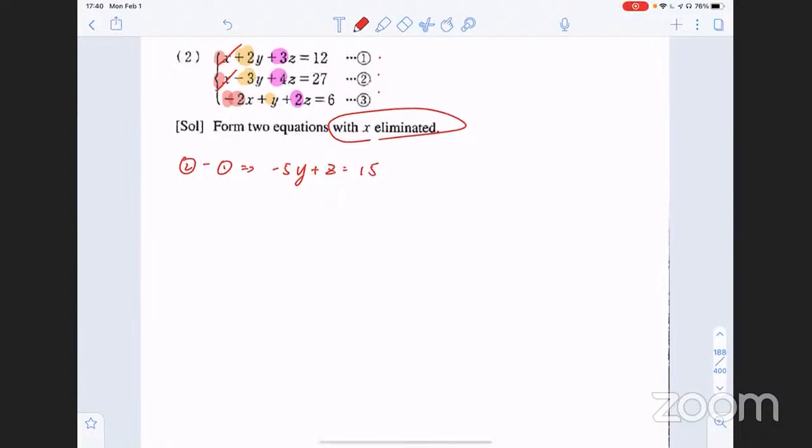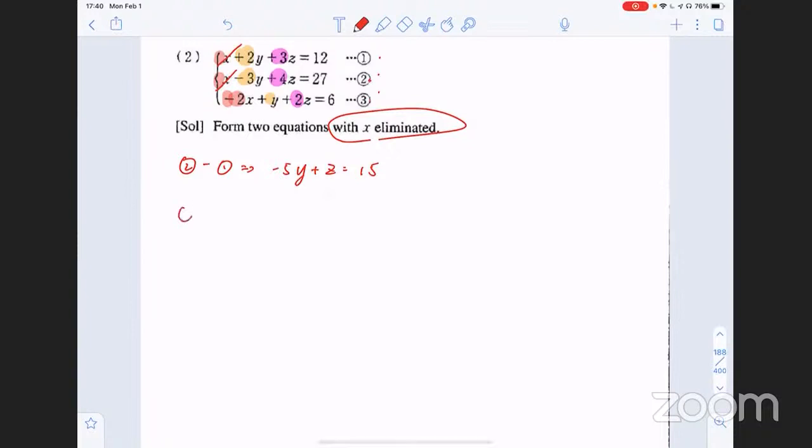Second equation, however, is equation number 2 and 3. How do I do so? A lot of you guys ask, hey, Tony, can I use equation number 3 with equation number 1? If I multiply equation number 1 by 2 and then do that? Absolutely. But I just want to go with the larger number over there, right?